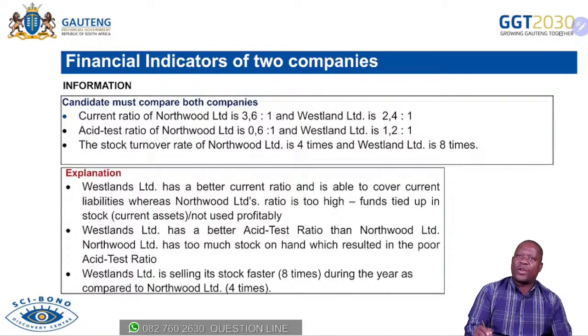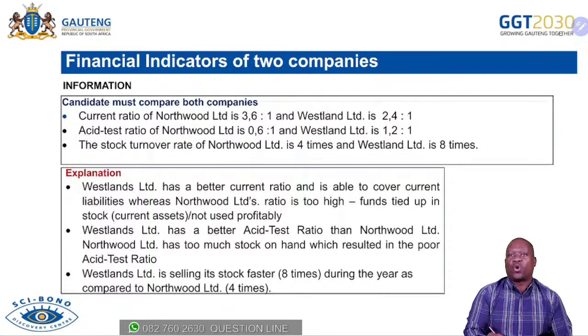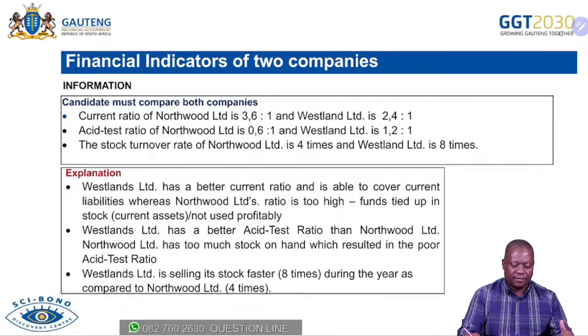So it means now when we are tying up funds in stock, we are not using our funds profitably because stock is going to be rigid in our storerooms, but if we had cash, it was going to be running around earning something for the business.